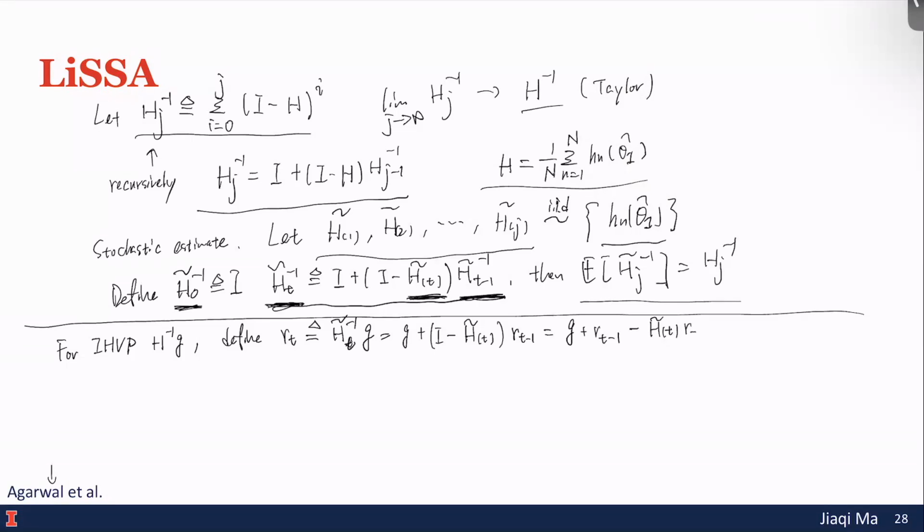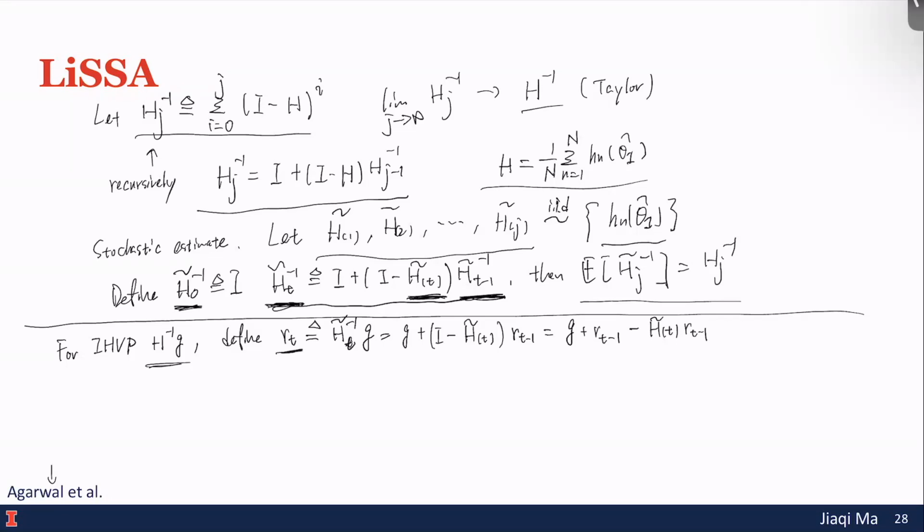So we have a recursive definition, a stochastic estimate of the original H inverse G.